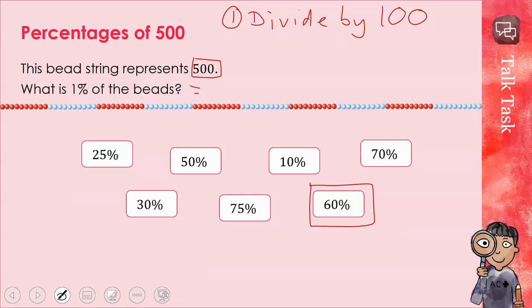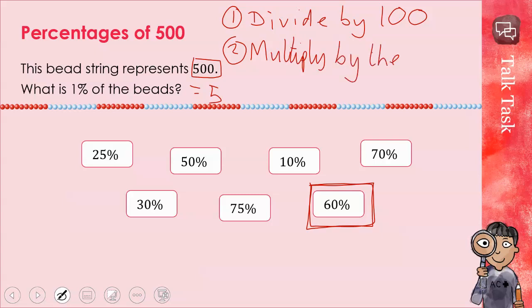What is 500 divided by 100? Well, it's 5. So 1% of 500 is 5. So if I know what 1% is, I find what 60% is by taking that number, 5, and the second step is multiply by the percentage.